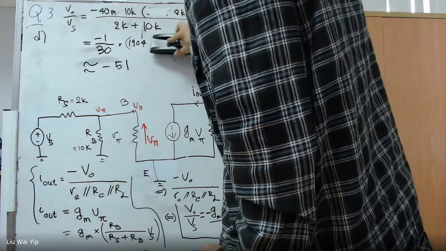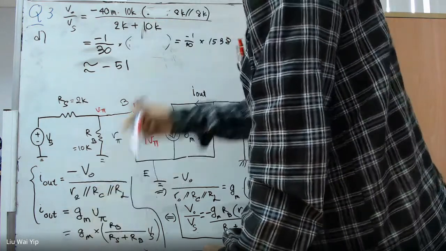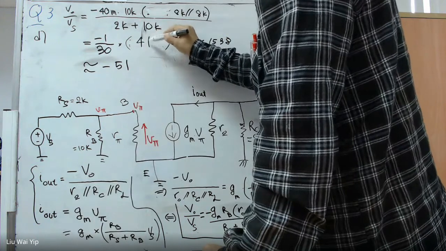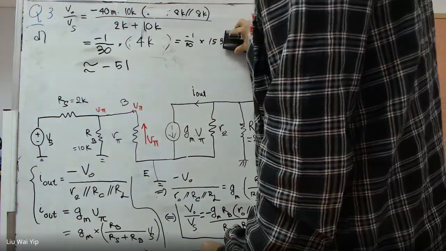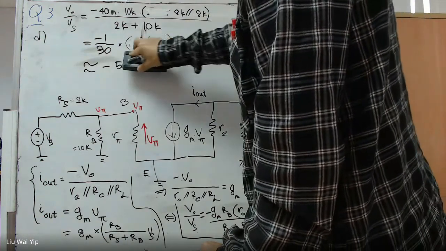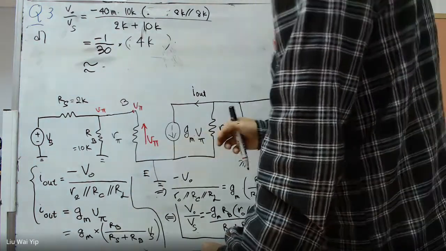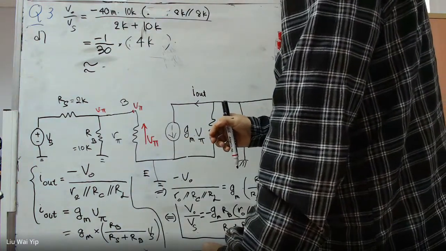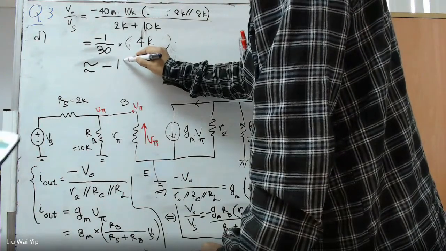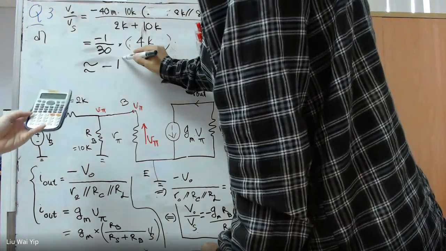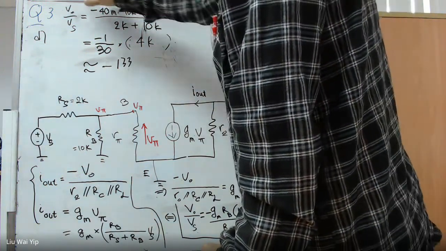So this becomes 4K. This will become 4K, yeah, 4K. So 4K divided by 30. What is that? Minus 133.33. Okay, so percentage error.